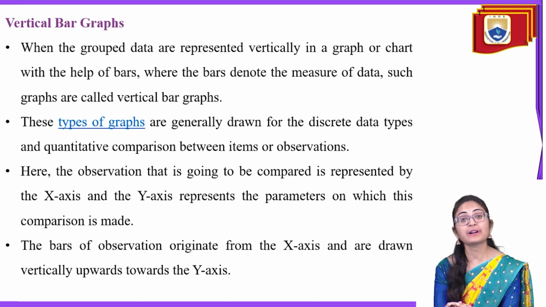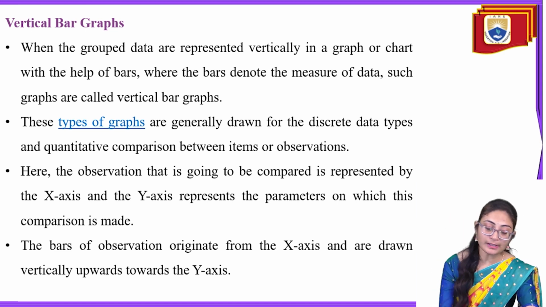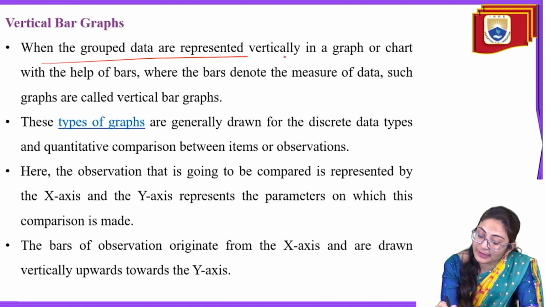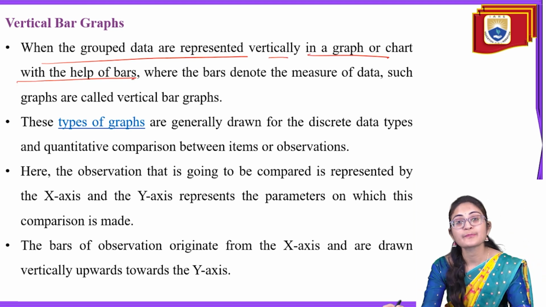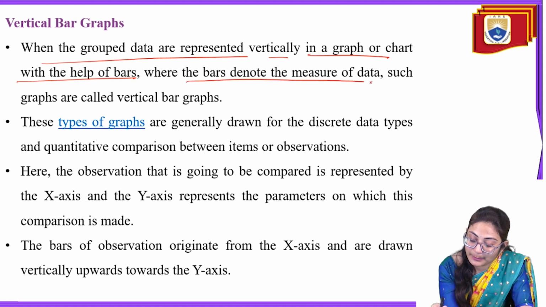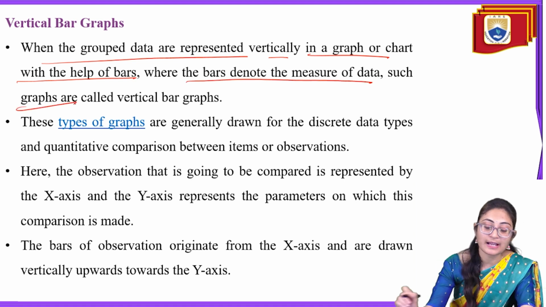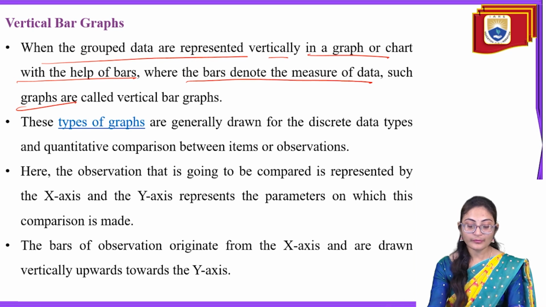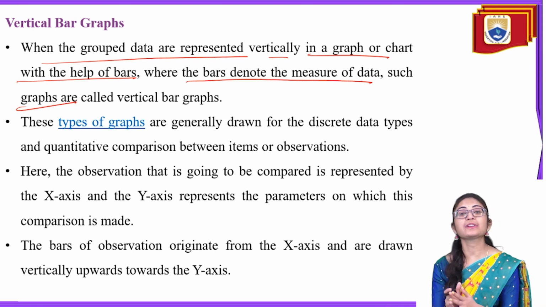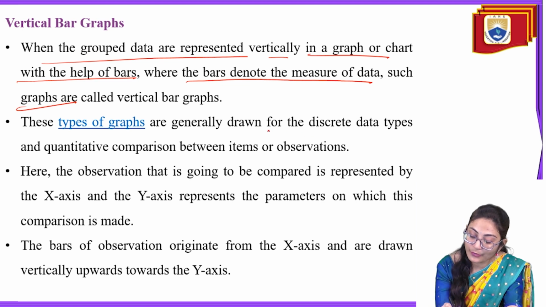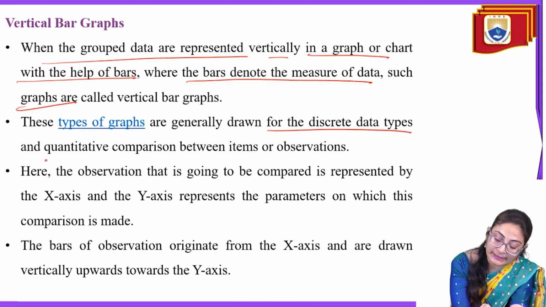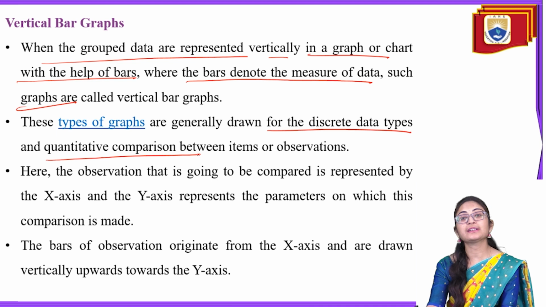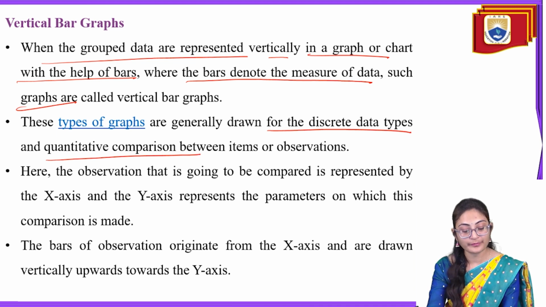First we will see the vertical bar graph. When the grouped data are represented vertically in a graph or chart with the help of bars, where the bars denote the measure of data, such graphs are called vertical bar graphs. These types of graphs are generally drawn for discrete data types and quantitative comparison between the items of the observation.